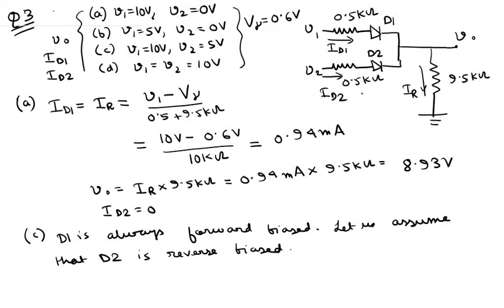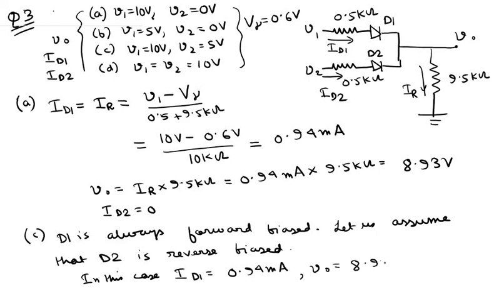So if D2 is reverse biased, then we can find out the current ID1 by the same equation as before. Then we have the same current as before. So in this case, ID1 equal to 0.94 milliamps, because we have the same conditions as before. So I1 is 0.94 milliamps and V0 would be equal to 8.93 volts.